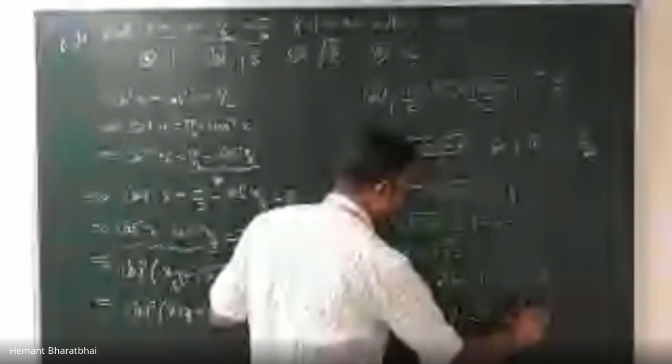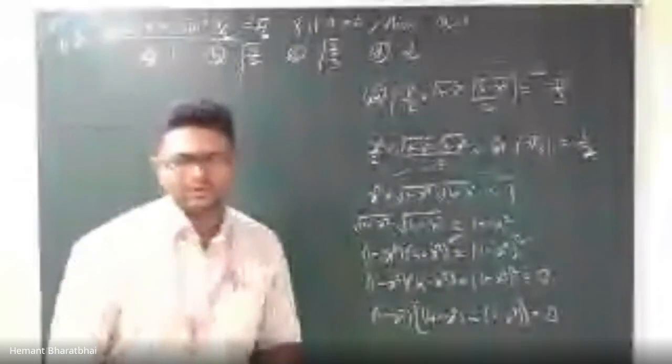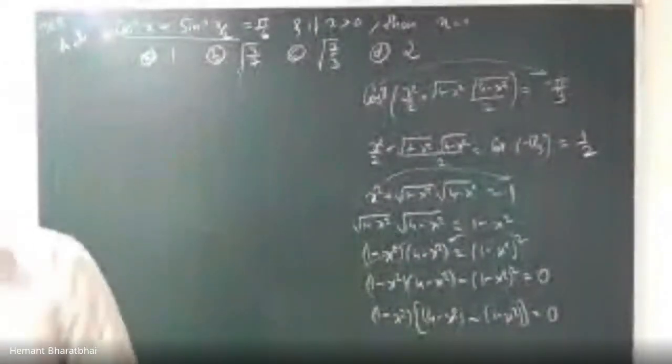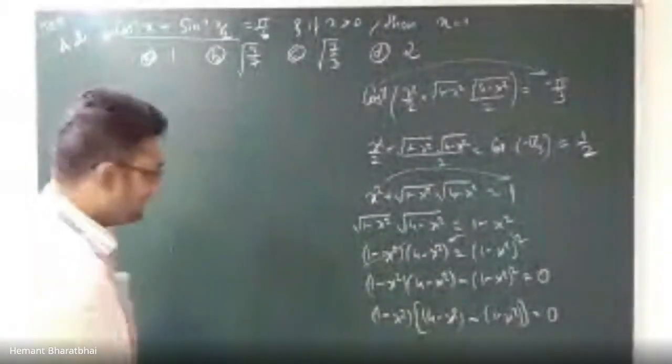Okay, please don't do this mistake of cancelling out, because this is a numerical of the advanced, multiple options will be right, and because of that we will miss out the option which is there.